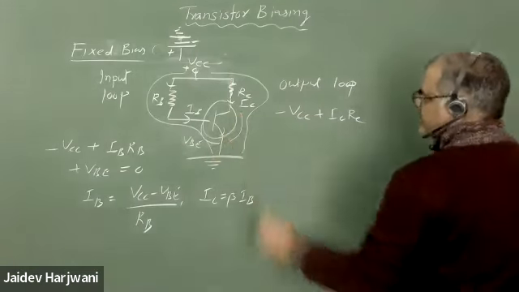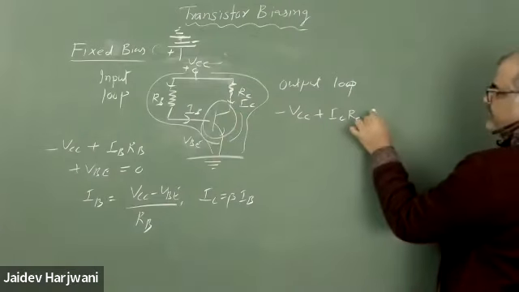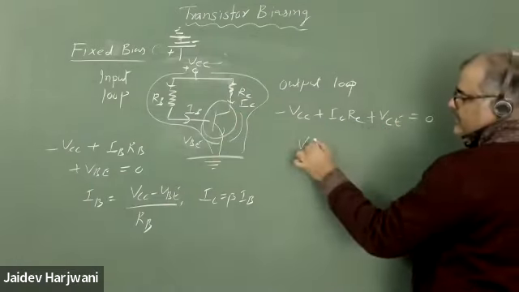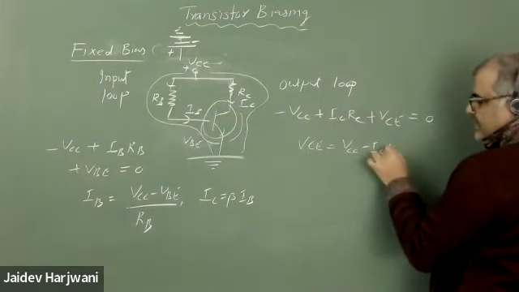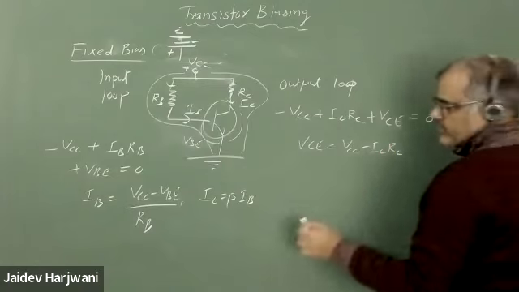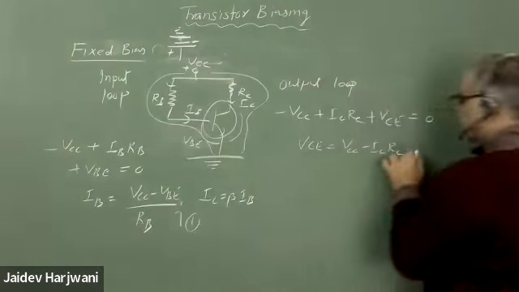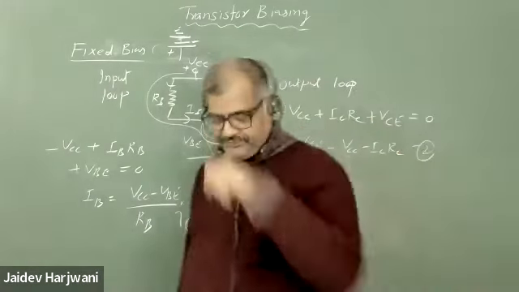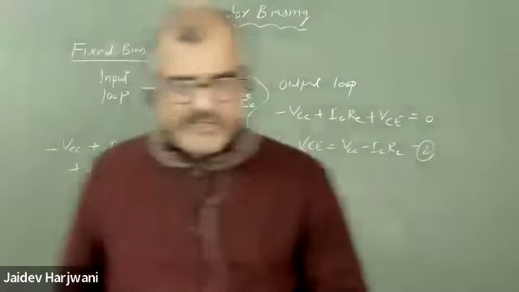This gives VCE equals VCC minus IC RC. So you have two equations, equation 1 and equation 2, and using these you can find your operating point.